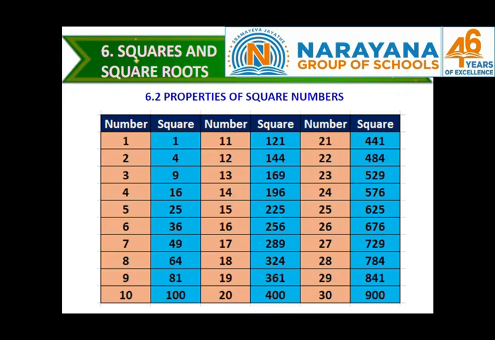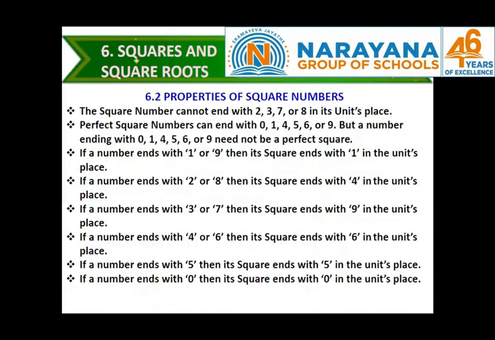So the square of a number does not end with the digits 2, 3, 7 or 8. Now the second point: perfect square numbers can end with the digits 0, 1, 4, 5, 6 or 9. But remember that a number ending with these digits need not be a perfect square.